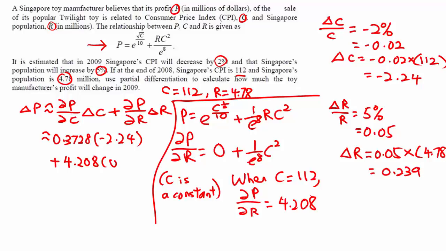So with that, I'll substitute 0.239 inside, and this will then give me a value of 0.17 million. So this implies that the toy manufacturer's profit will increase by $0.17 million in 2009.